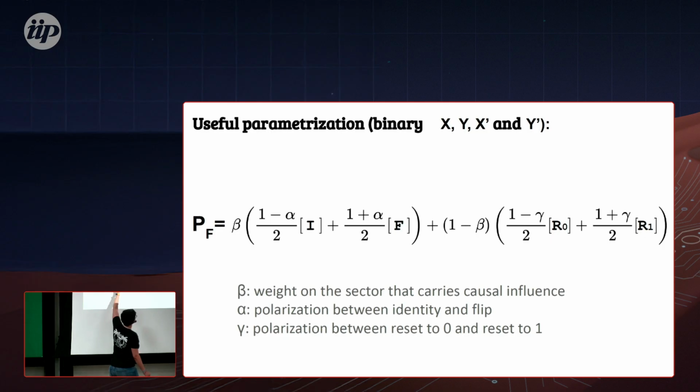So beta is the weight on the sector that carries causal influence, because only these carry causal influence. Those don't. Now if you know you are in the sector that carries causal influence, alpha measures how polarized you are towards identity or towards flip, or if you're kind of in the middle. And gamma is the same thing, but for the sector without causal influence. So it's just a parametrization.